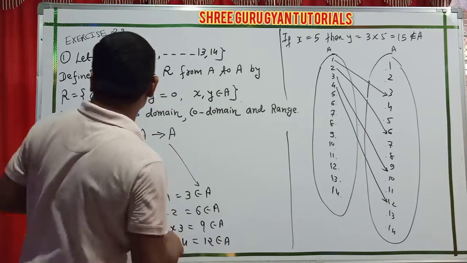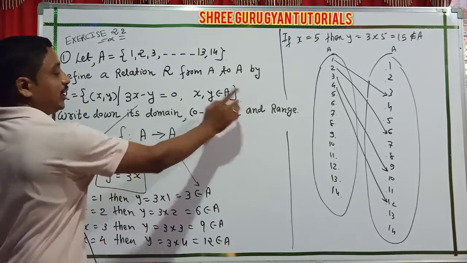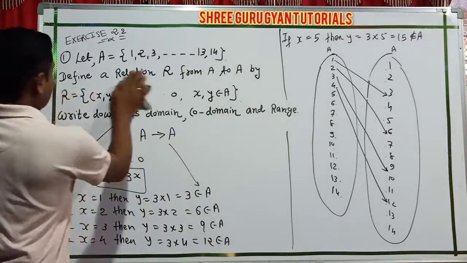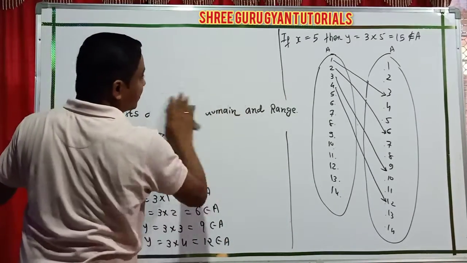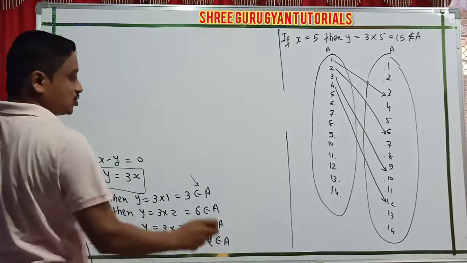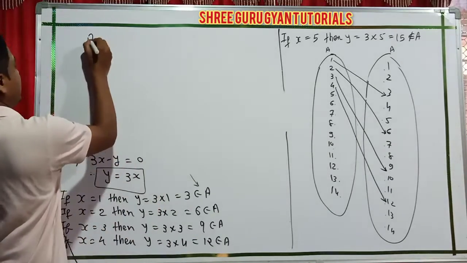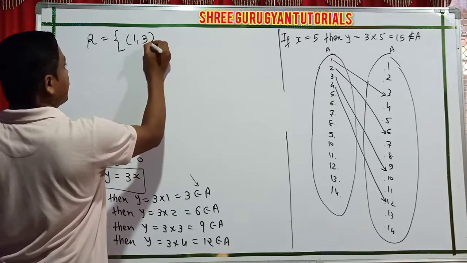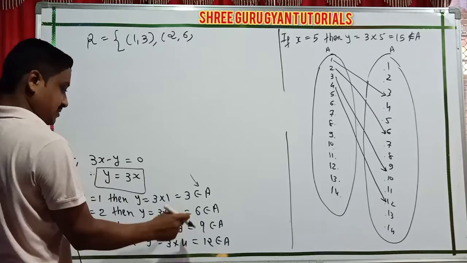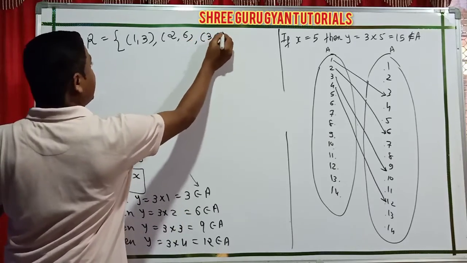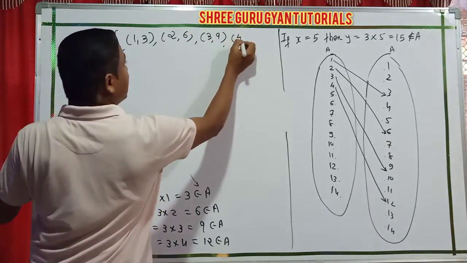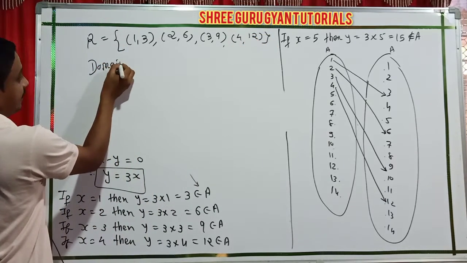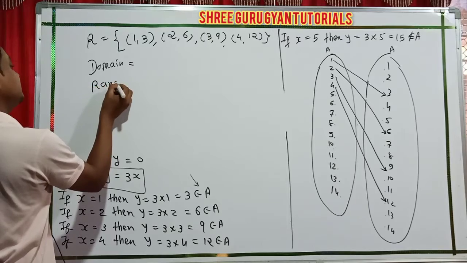Now read the question. Write down the domain, codomain and range. First of all, students, I write our relation R in roster form. After all the values are defined, what is the roster form of R? Putting 1, we get 3; 2 then 6; 3 then 9; 4 then 12. Now define our domain and range.